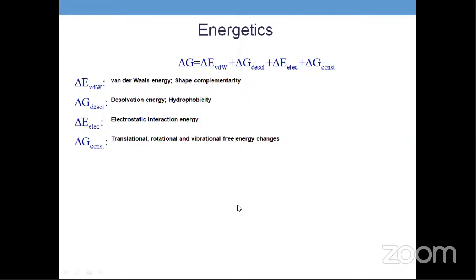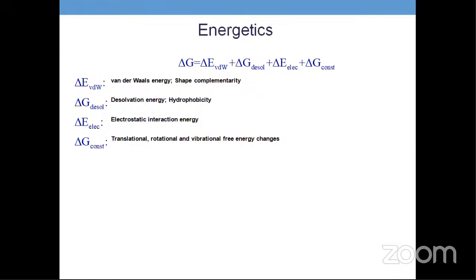Let us first consider what van der Waals interaction is. It is the interaction operative between the non-covalent portions of the receptor and the ligand. We all know that in most biological molecules, there are non-covalent portions, that means the hydrophobic portions. Those hydrophobic portions interact using van der Waals forces.